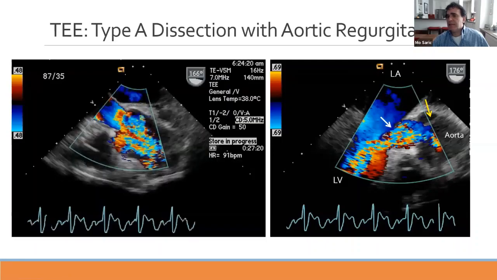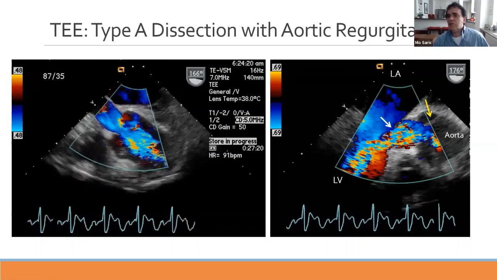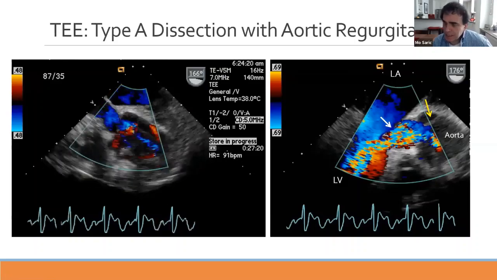As this is the case in this patient, you can see the to-and-fro flow through the aortic valve. It is important to emphasize that there may be multiple mechanisms of aortic regurgitation in cases of type A dissection, in which prolapse of the dissection flap through the aortic valve is only one of them.